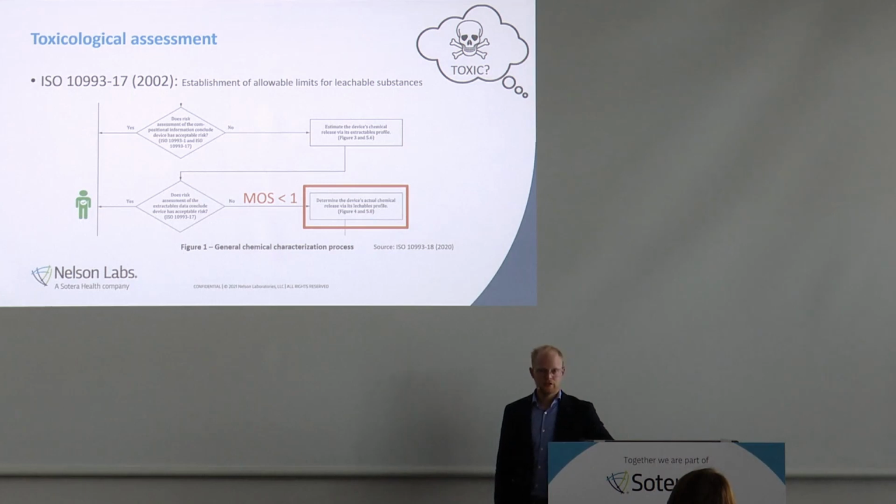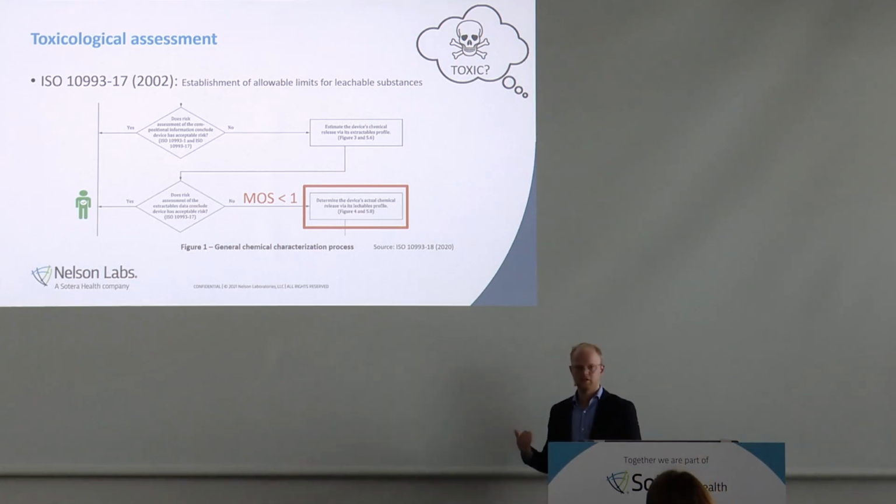If you're lucky, all the extractables are found to be safe at the concentration level they were extracted. But sometimes there are compounds that cannot be considered safe because their concentration is too high, meaning the margin of safety, MOS, is smaller than 1.